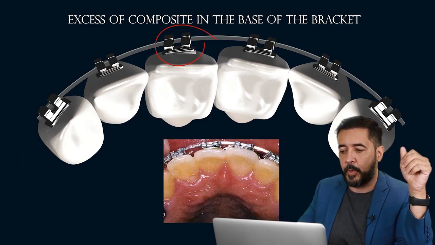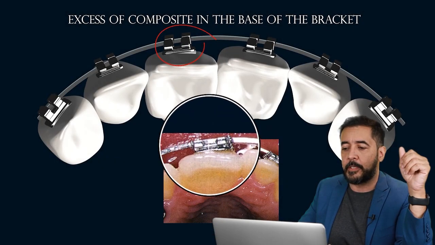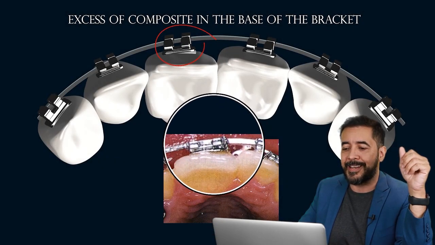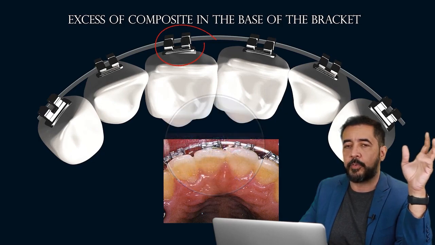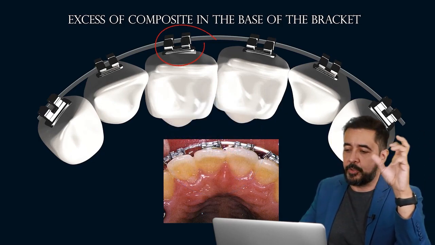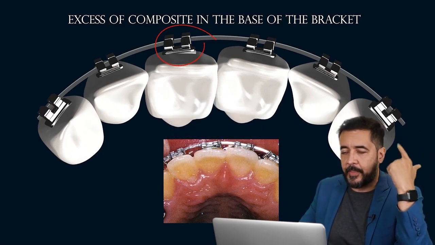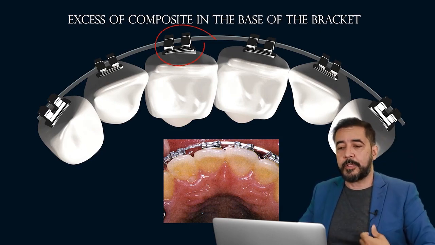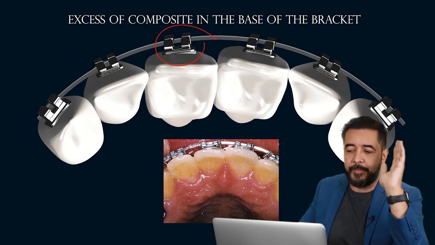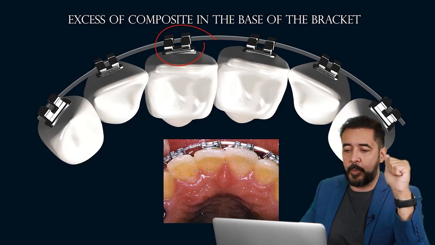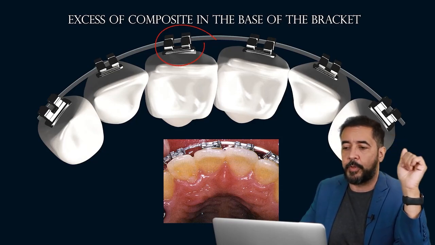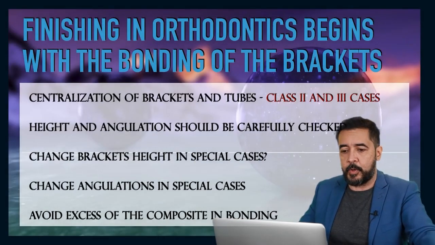So this is a photograph of a situation like that, where the composite was in excess in the medial part of the bracket. So we had to stop and correct this thing that we did wrong. So we want to avoid that by doing the right positioning of the bracket since the beginning of the treatment.